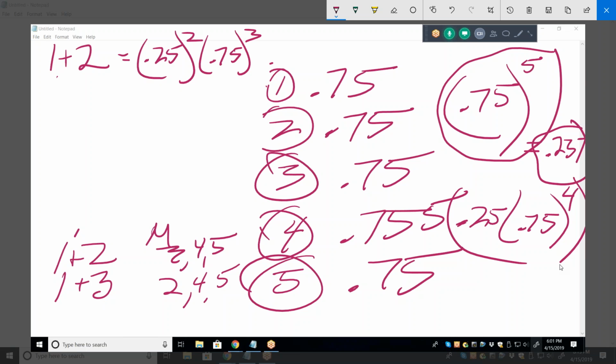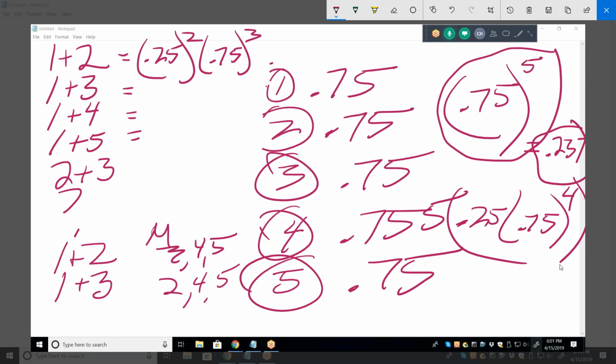You can also get 1 and 3, same thing. 1 and 4, same thing. 1 and 5, same thing. There's 4 different ways to get 2 correct. You've also got 2 and 3, 2 and 4, or 2 and 5. And each of those is the same.